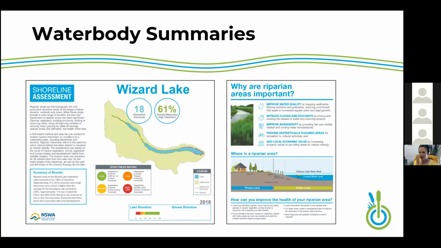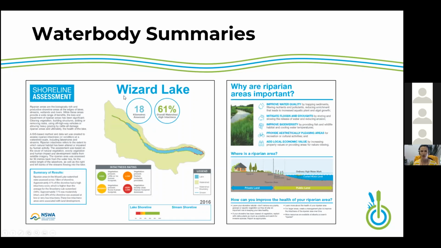So some other tools that we have been developing as a WPAC group, and also with the GOA, is a few more data sets, or a few more ways to summarize the information. So what you're seeing here is a water body summary document, and this is something that we have produced.